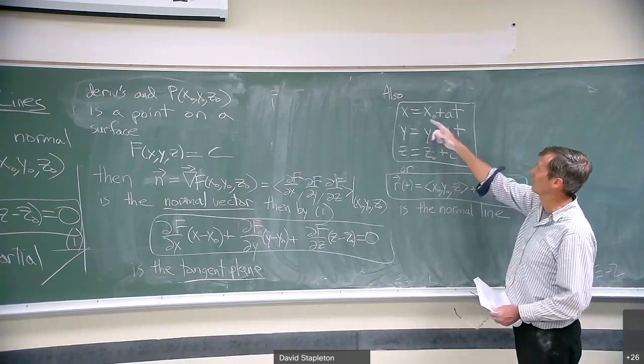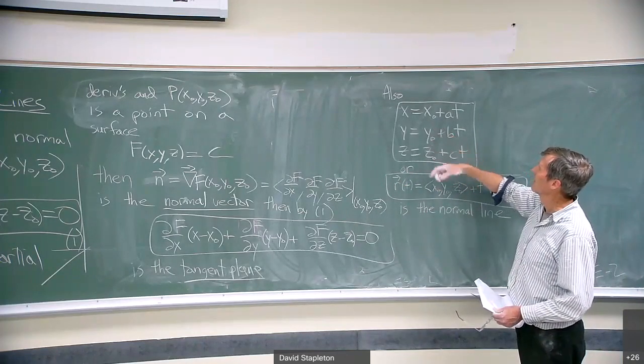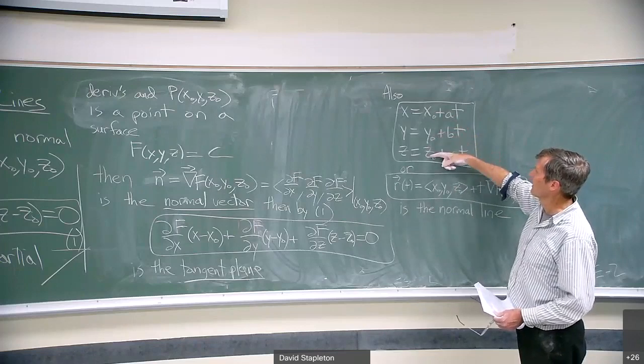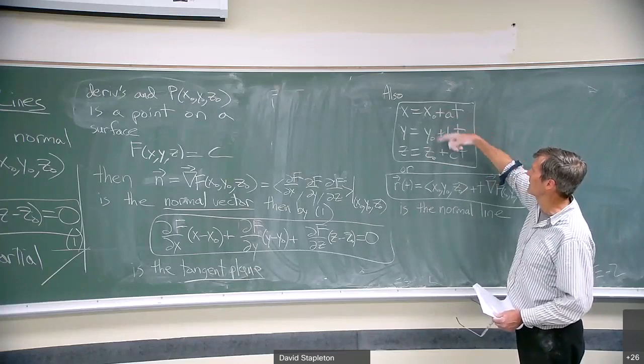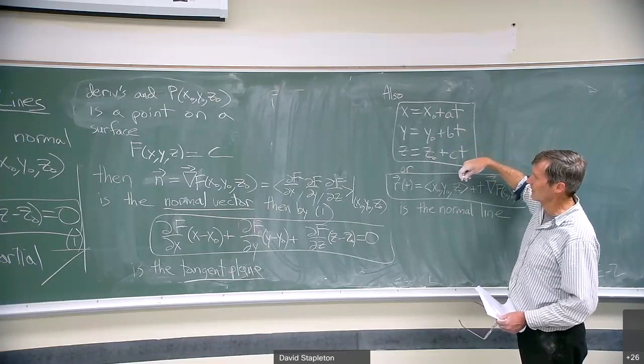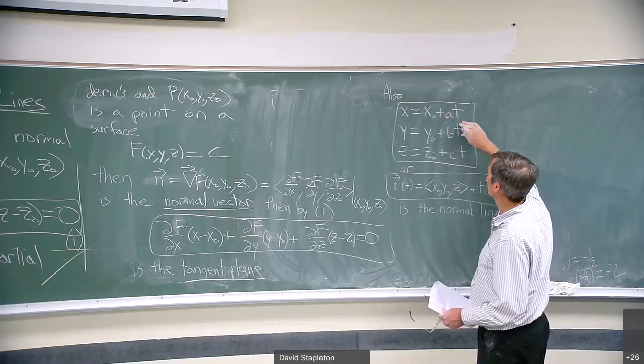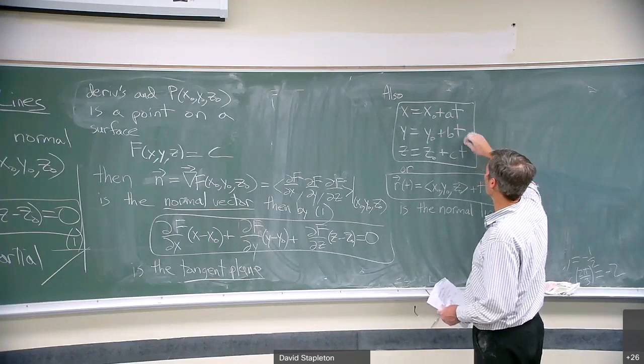A line can be written given a point, x naught, y naught, z naught, and a direction vector ABC. This immediately was the equations for the line, and I should put what A, B, and C are here. I'm sorry.